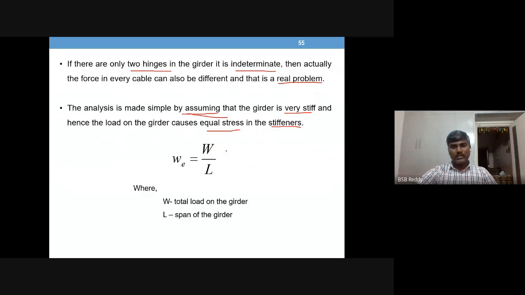If there is a two-hinged stiffening girder, let us take the earlier example. Let us say this is 240 kilonewton, and this is 300 kilonewton.